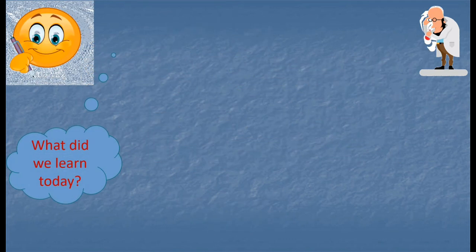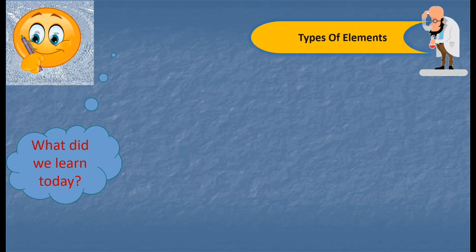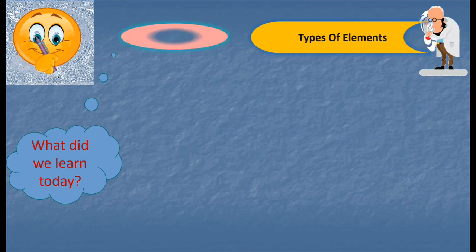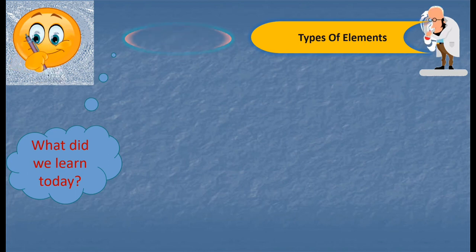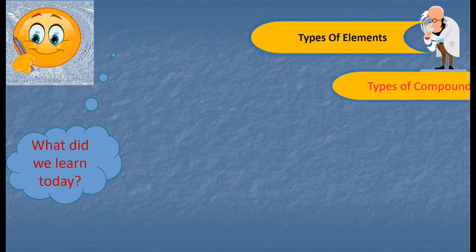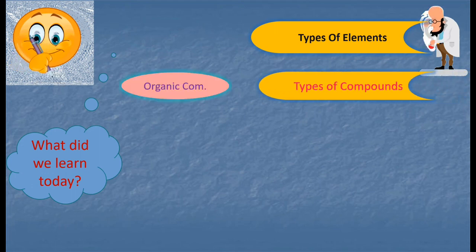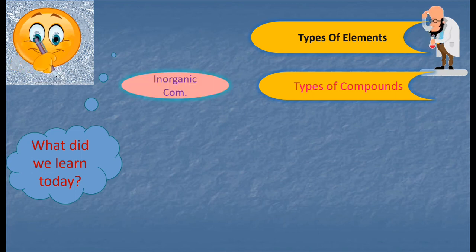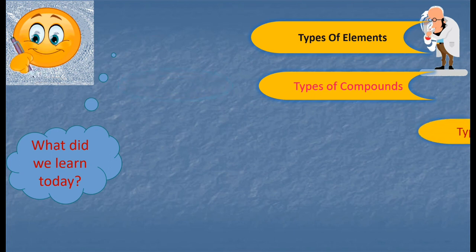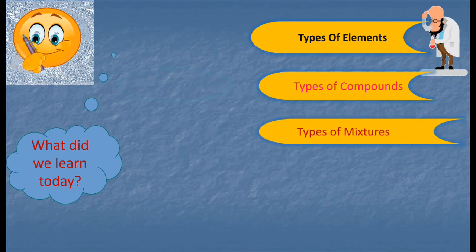So what did we learn today? We learned types of elements, that is metals, non-metals and metalloids, right? Then we learned types of compounds. In that we had organic compounds and inorganic compounds. The next we learned was types of mixtures.